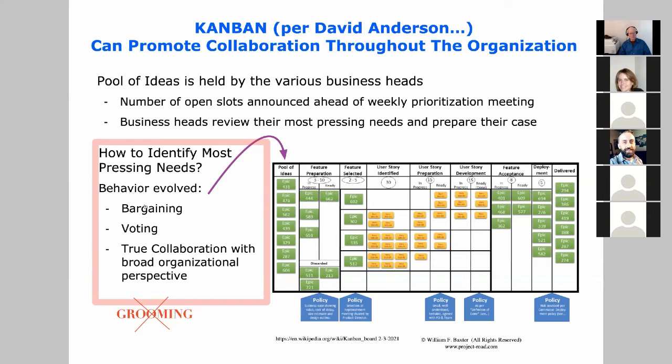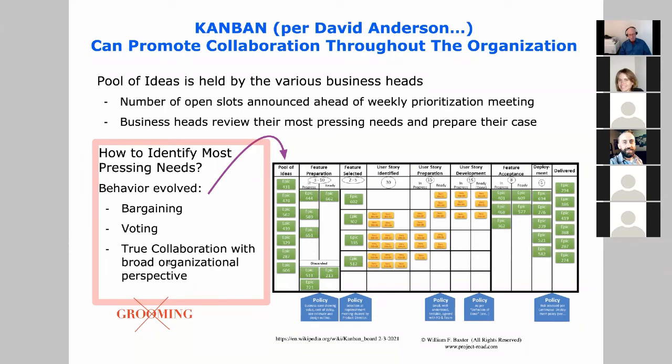And initially they were bargaining, horse trading, and then they started voting. And eventually they settled into some true collaboration where they took a broad organizational perspective to think about what really is most important to the company as a whole. And sometimes it wasn't their pet projects.